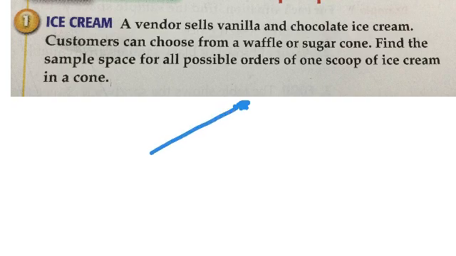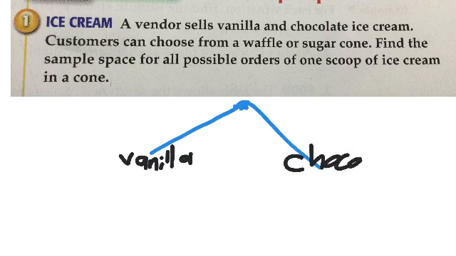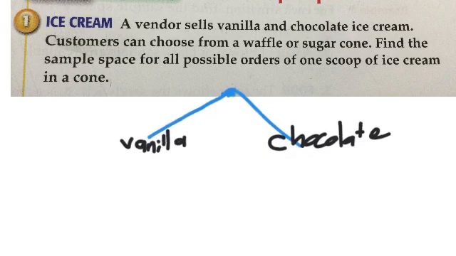So you're going to draw 2 branches on your tree. Oh, it's like a food web. Kind of. Okay, so then we're going to list what are those 2 choices? Vanilla and chocolate. And so that gets us to the first level of the tree diagram.